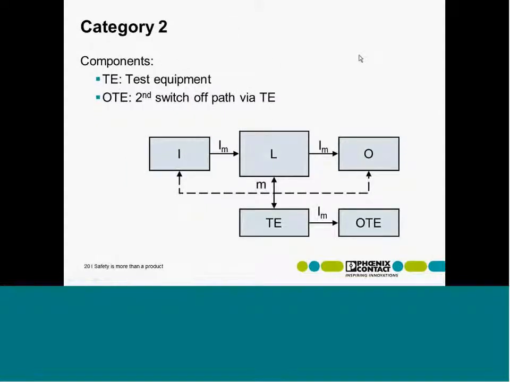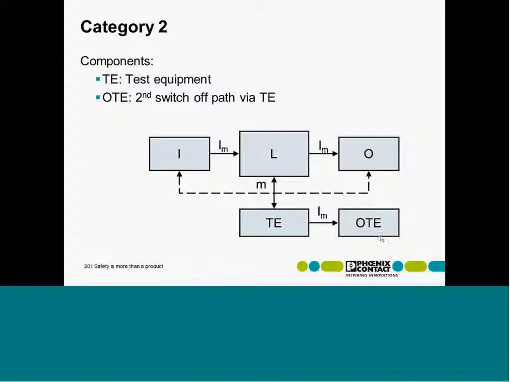Category 2 is in principle also a single channel system containing input, logic, and output. But in addition to that, you have so-called test equipment, as you see here with the letters TE. TE is representing the test equipment, and OTE is the independent switch-off path, or second switch-off output of the test equipment.